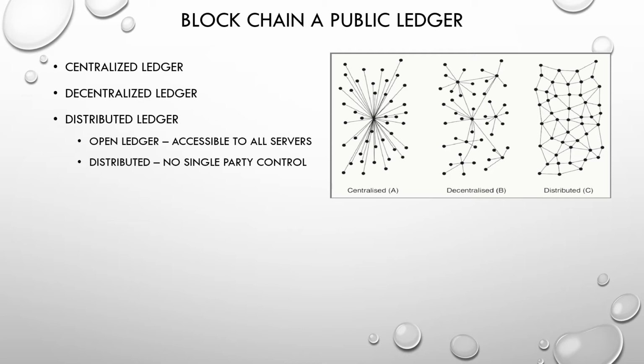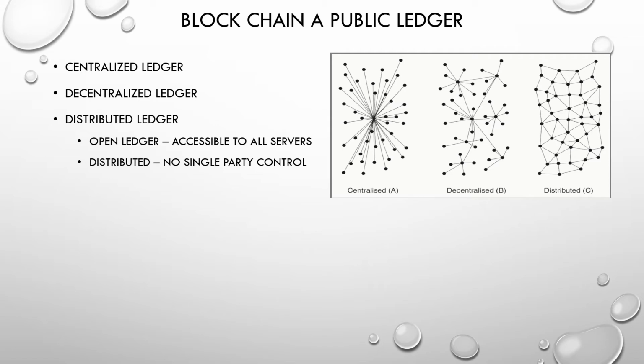Your bank is the single authority. If you see in the image, there is a hub and all other nodes are connected with that hub. These account holders are communicating with the CBS, and the CBS is updating that information at one place, that is a centralized ledger. But blockchain says that you should not use a centralized ledger.